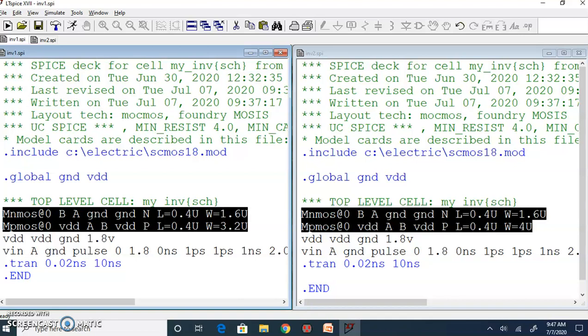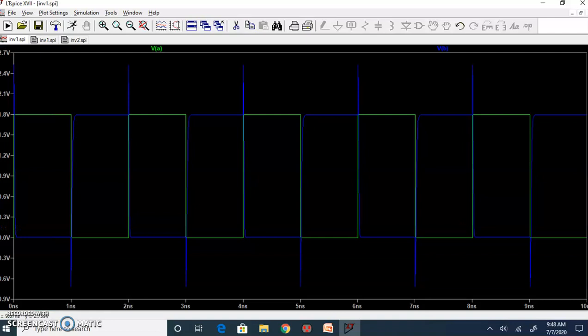So I'll consider my inverter 1. I'll add the required pulse input and transient analysis. My VDD is taken from VDD to ground, that is 1.8 volt. If I perform the simulation, I can observe my input voltage in green color and output voltage in blue color.